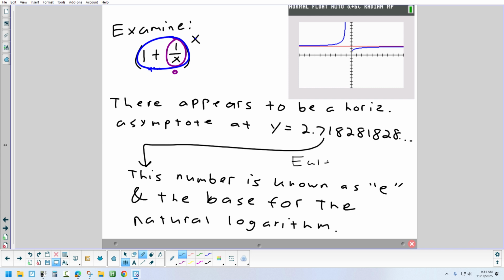It's Euler's number. And we'll talk more about logarithms probably tomorrow.